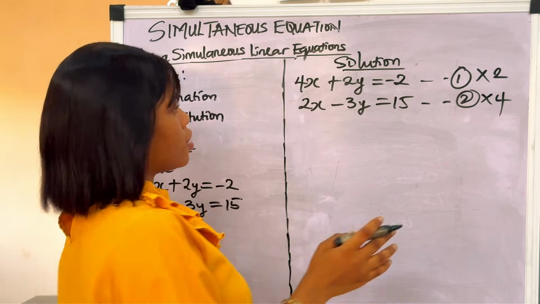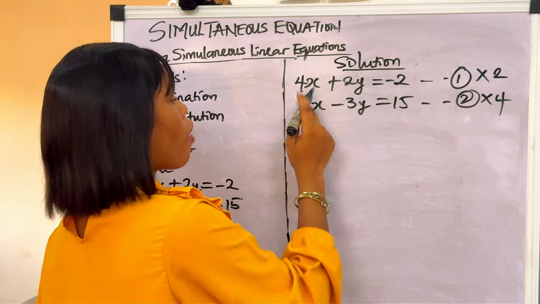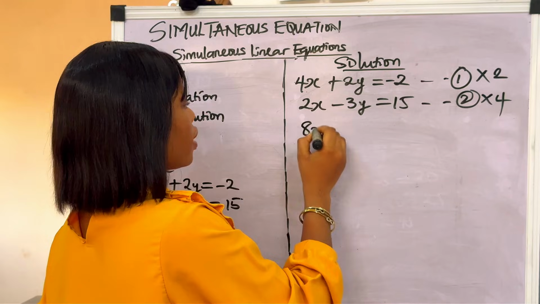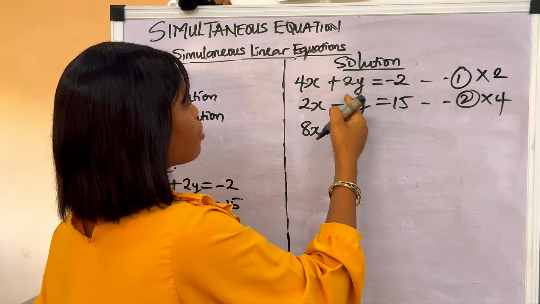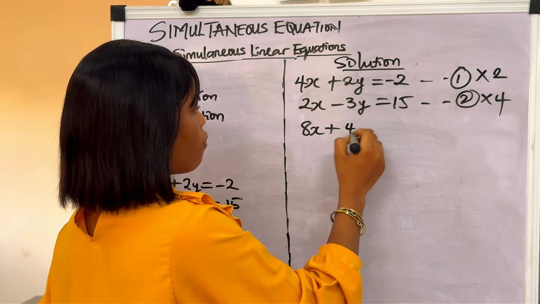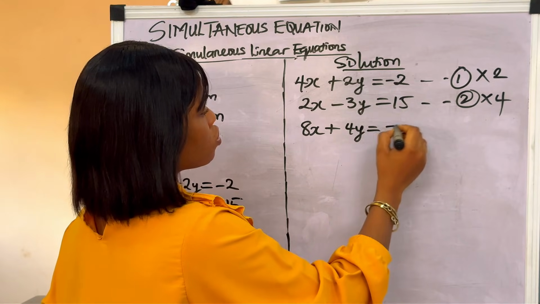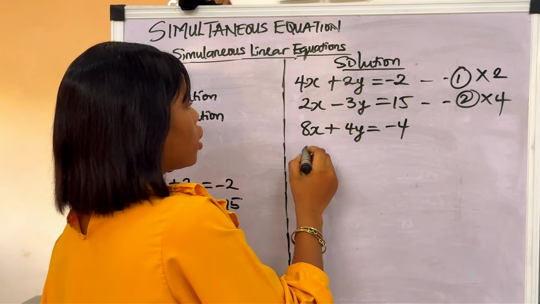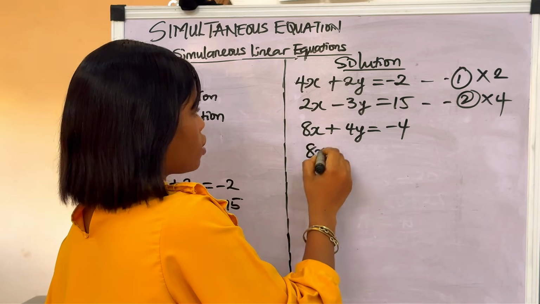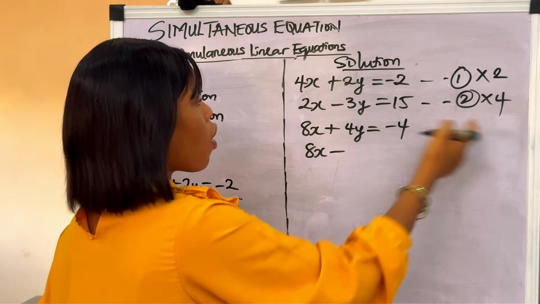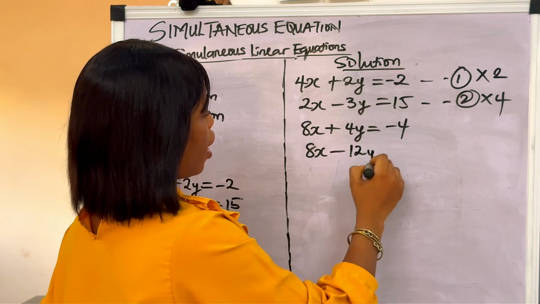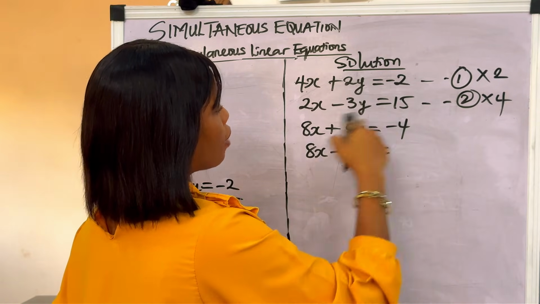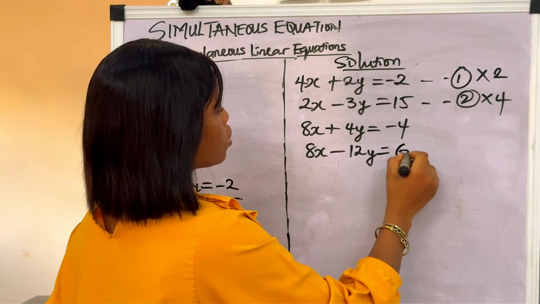So, multiplying this, we have 2 times 4x gives us 8x, plus 2 times 2y gives us 4y, equals 2 times minus 2 gives us minus 4. And then we have 4 times 2x gives us 8x, minus 4 times 3y gives us 12y, and 4 times 15 gives us 60.